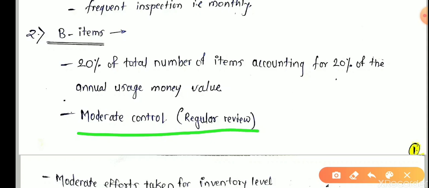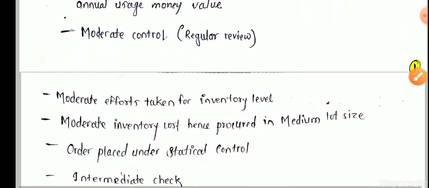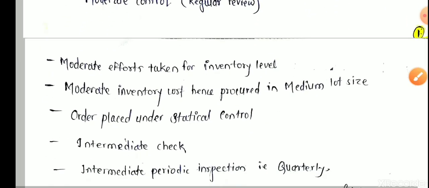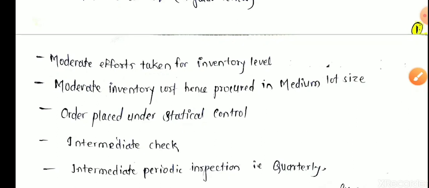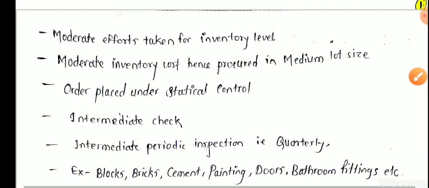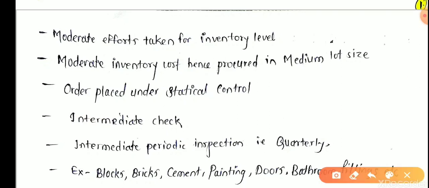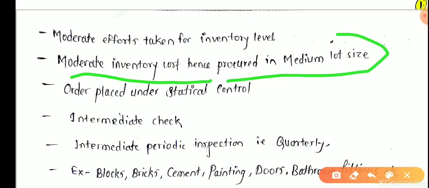Moderate control is required because the inventory cost is in between C type and A type items. Hence, moderate control or regular review is required for the storage and the inventory. Moderate effort is taken on the inventory level, meaning how much stock remains, how much stock we have to order, and after how much time we have to order. Moderate inventory cost, hence procure in medium lot size.